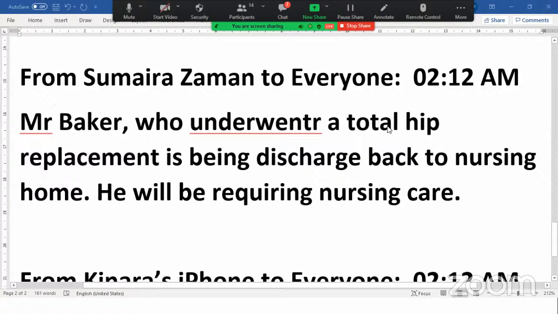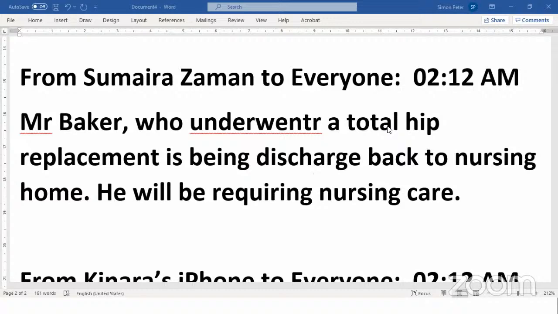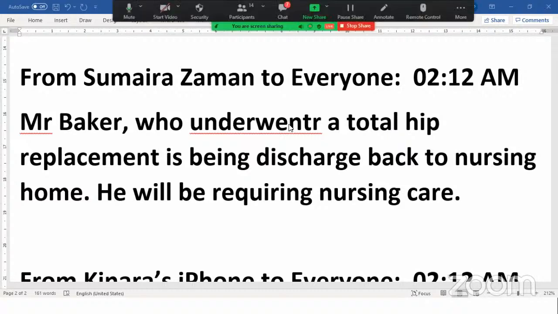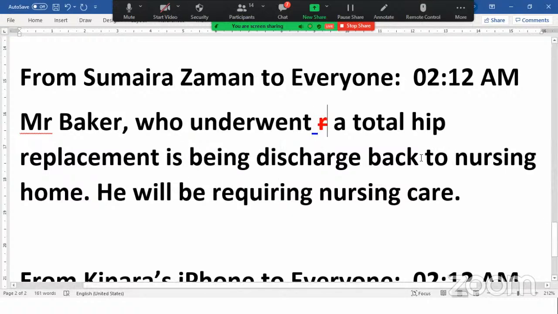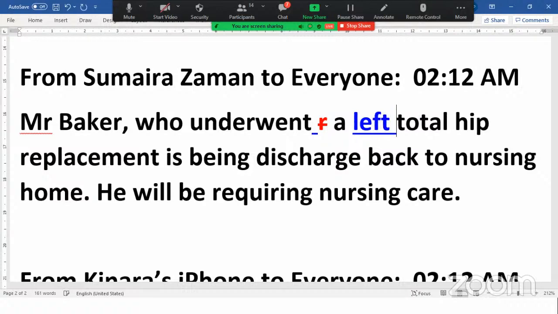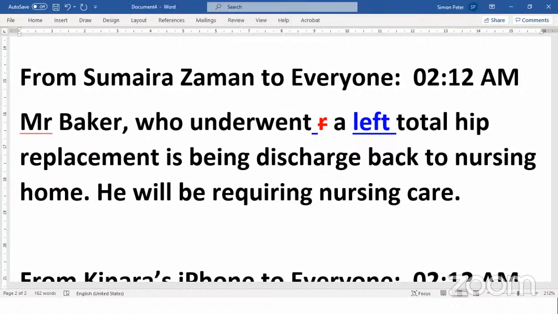Sumaira, check your statement or sentence. Mr. Baker, who underwent a total hip replacement. Where is the word left? Which hip? Which one, left or the right? Because there are two hips. Is it the left one you are talking about? Or is it the right one?